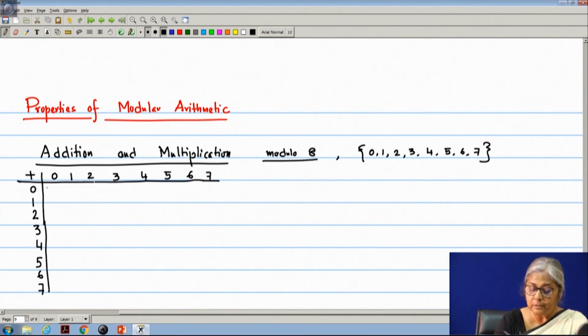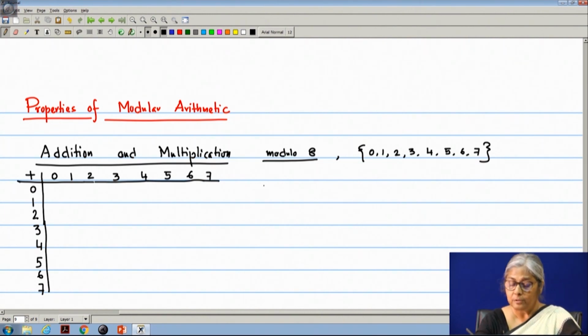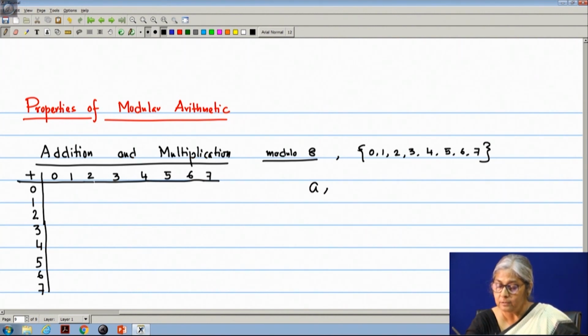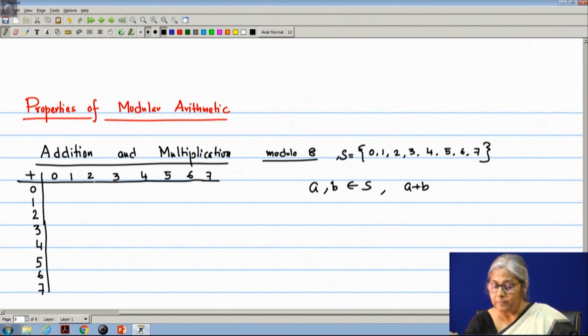Now, how do we do that? If A and B belong to S, then we take A plus B modulo 8.